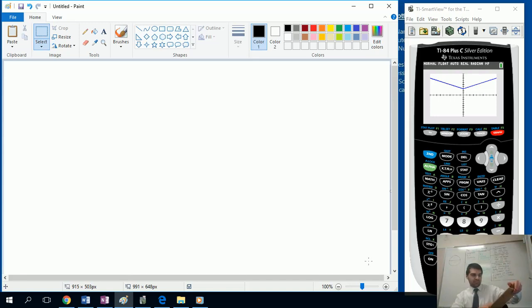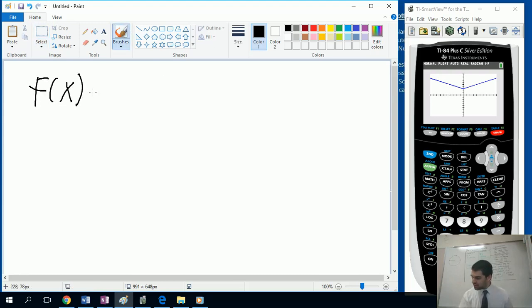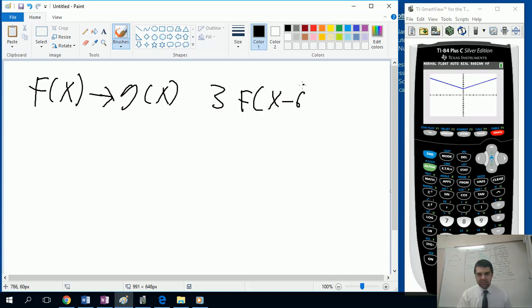Changing the size of my paper. Describe how each function has been transformed from f of x to g of x. So you're going to have f of x as it transforms to g of x is going to be 3 times f of x minus 6.